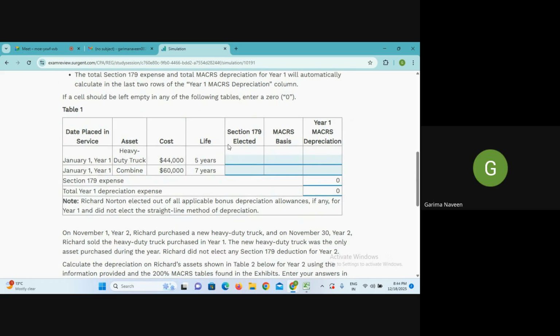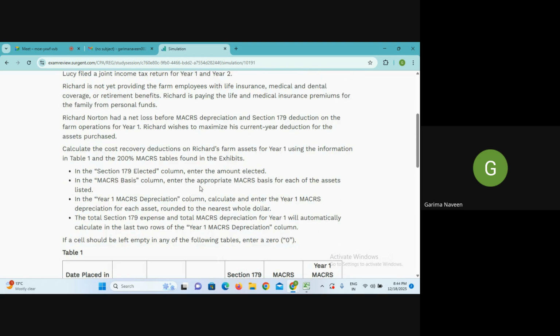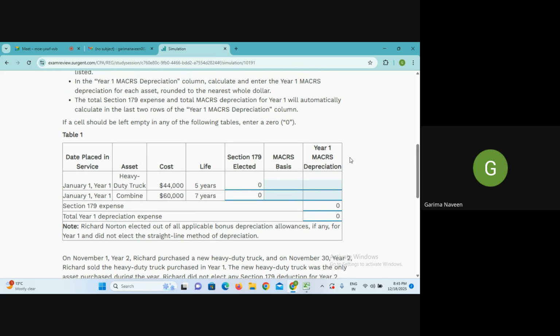Okay. So in case of loss, section 179 deduction cannot be claimed. So it will be 0. If there is net income, then you can get the 179 deduction. It has certain limits, like up to that amount you can get the deduction, and some phase out limit also, which are inflation adjusted figures. For every year it will change.